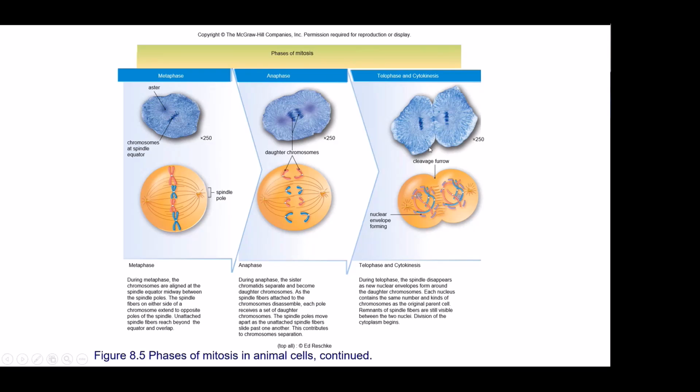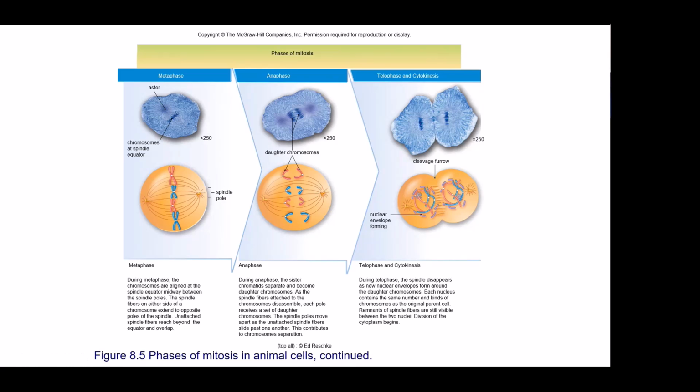Now with telophase and cytokinesis, what you then have is the beginnings of the breakdown of the spindle and the pinching off of the edge of the cell. So you go from one bigger cell to two cells, identical to each other and identical to the parent cell. That is the process of cytokinesis.